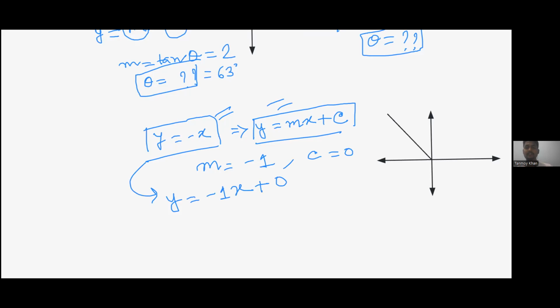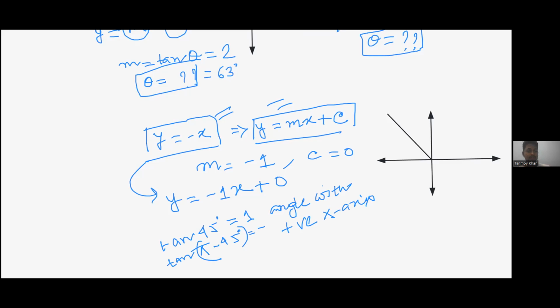Why will it be on that side? Because of what I said about slope, the angle with the positive x-axis, right? Now tan 45 degrees is 1, but tan of pi minus 45 is minus 1, right?